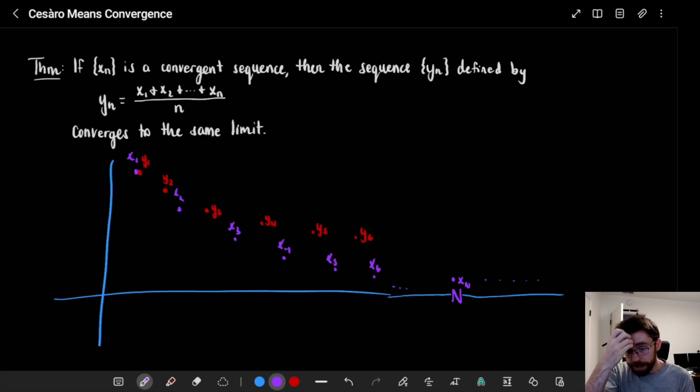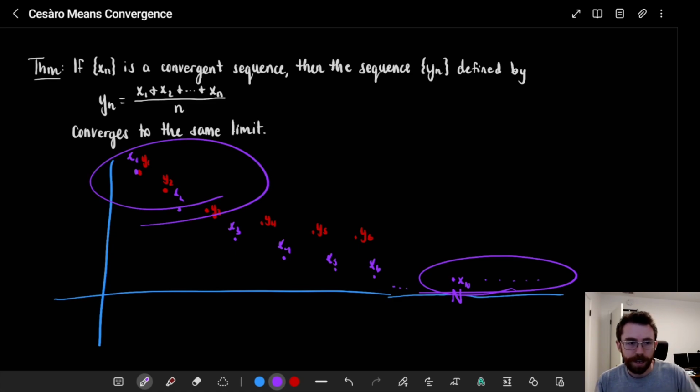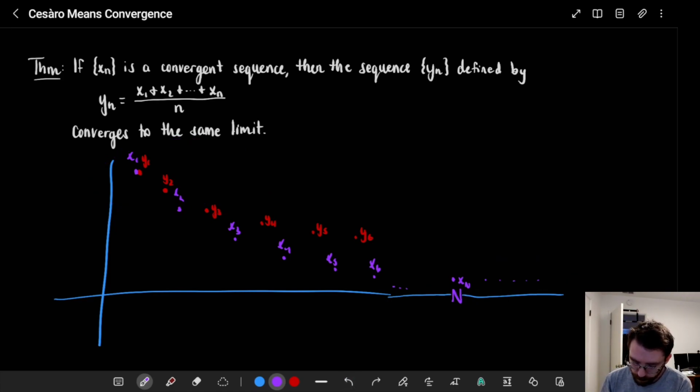And the averages, if I went far enough out, are sort of going to be weighted really heavily by these. And so even though the x1 and x2, etc., might have started up higher, and we're initially keeping the red dots higher than you would expect, eventually, the y's will get dragged down because the x's persist, right?